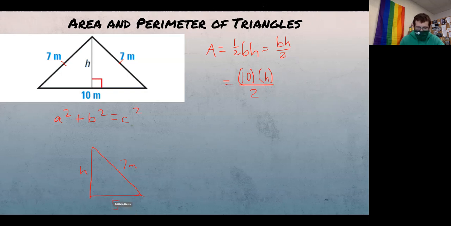And this is where the key thing is. The key thing with this is that this is an isosceles triangle. So when this line comes down where the height is, it's actually splitting the bottom into two. So that's going to be 5, and that's going to be 5.